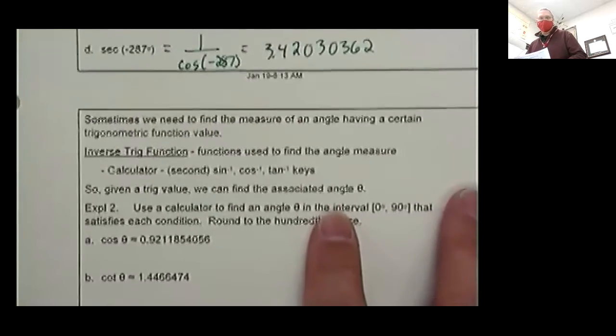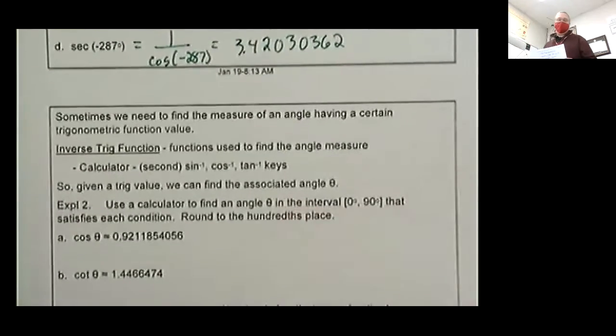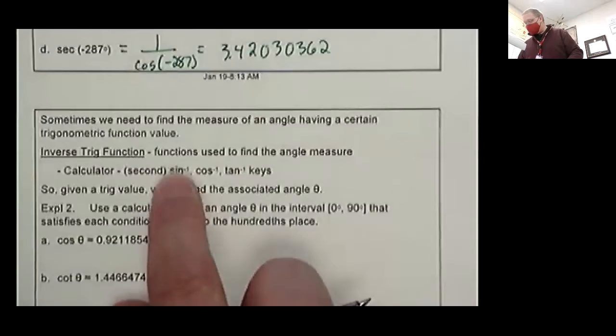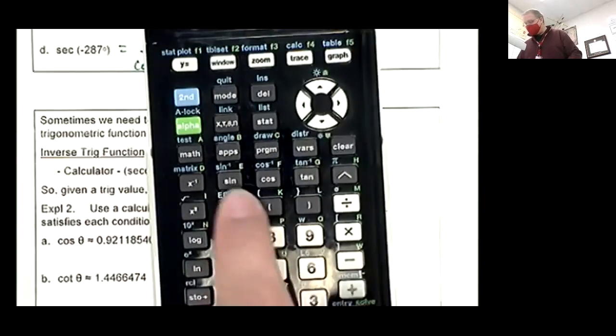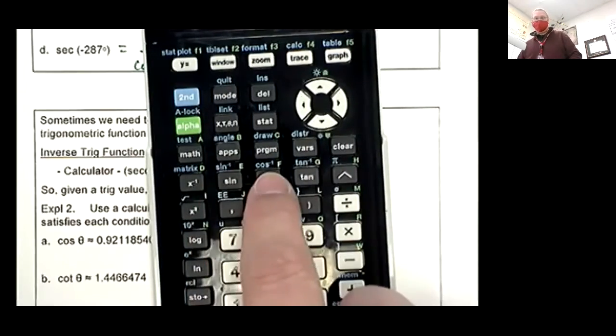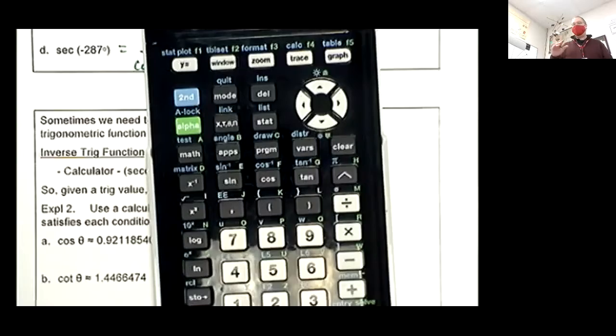Sometimes we need to find the measure of an angle having a certain trig function value. To do that, we're using inverse trig functions. Inverse trig functions are functions used to find the angle measure given a trig value. For that, we're using on your calculator the second trig function: sine inverse, cosine inverse, tangent inverse. Remember, inverse is not reciprocal. It's changing directions.